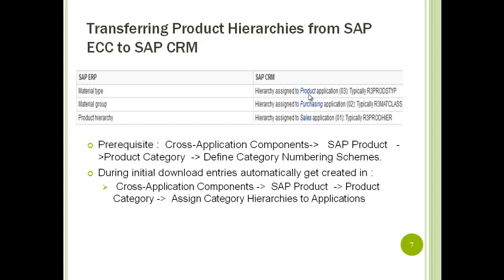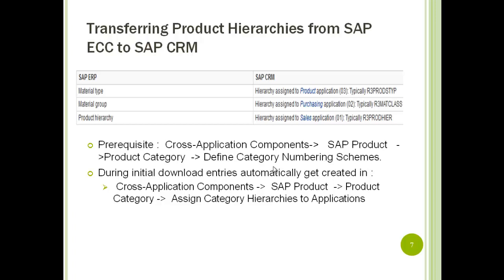So, we can define the category number schema from this cross application component, SAP product hierarchy, define category number schemas, as we have already seen. The functionality of the category number schema controls how many levels of categories you can have and how many characters can define the key of that category.